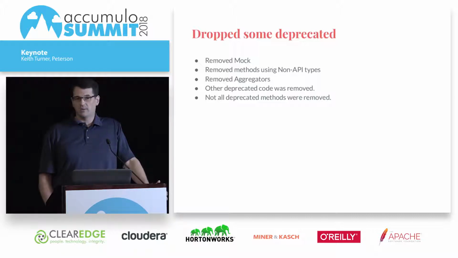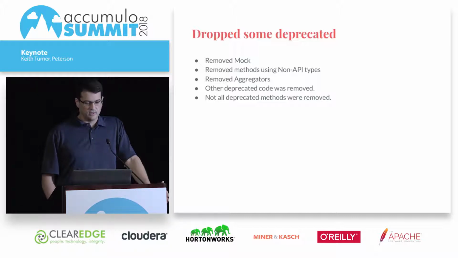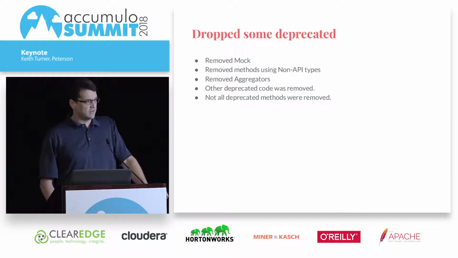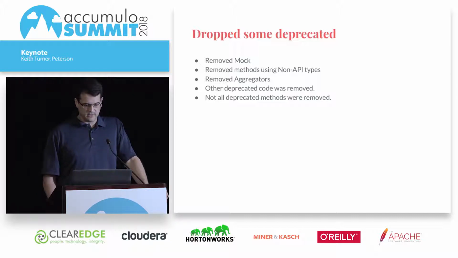So if a public API method took a non-public API type, we're not doing any analysis on that type to make sure it's stable. What that means is that there's no guarantee that that method is stable. So we had created a tool to automatically find methods like that for 1.7, and we found them and deprecated them for 1.7.0, and they were just dropped.